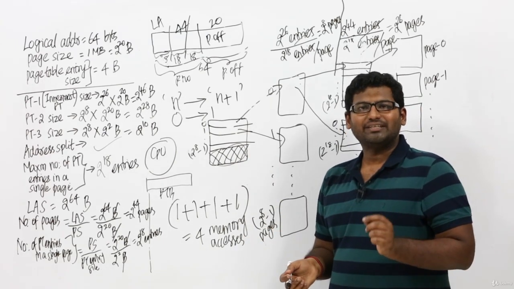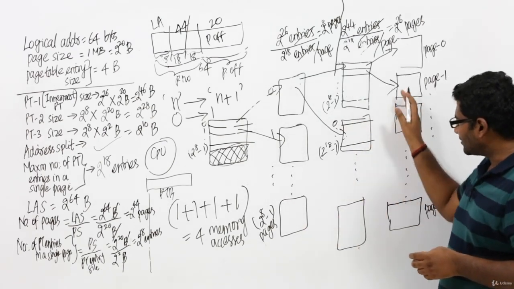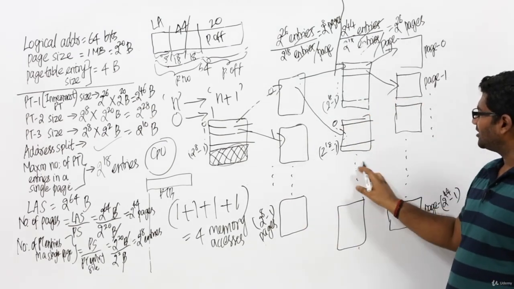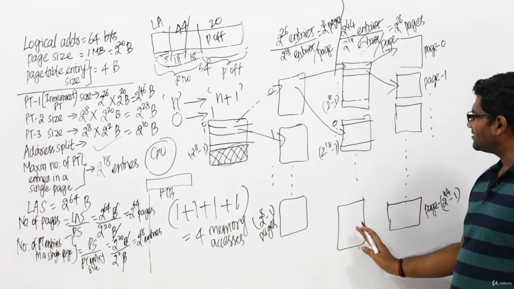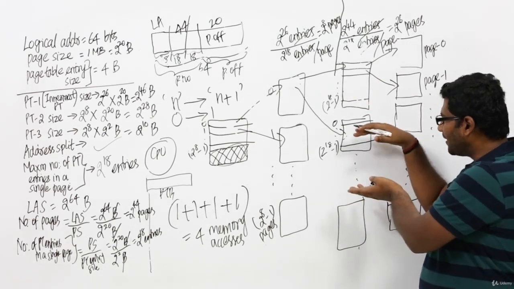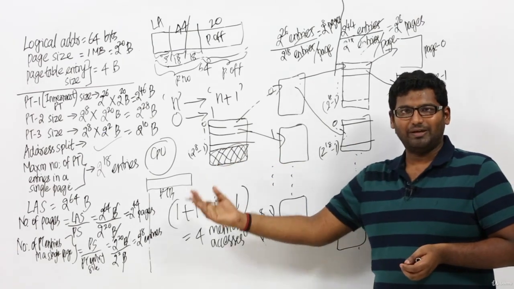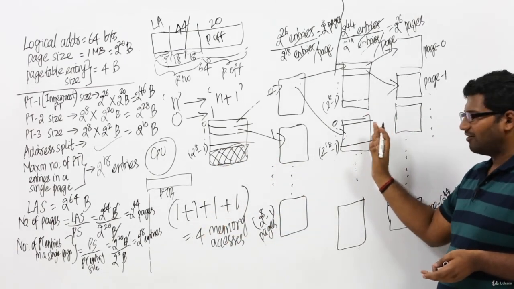Now in case I am using a single level page table, what do I mean by that? I will have the process and only one level of page table, which means I will be able to accommodate the complete page table within a single frame, right? In that case, we don't go for multiple levels of paging. We will stop with only one level of paging.